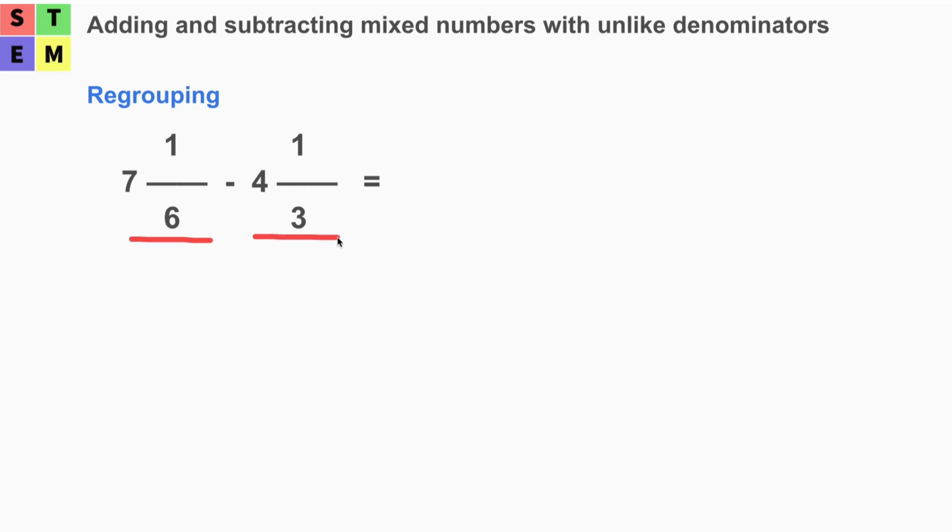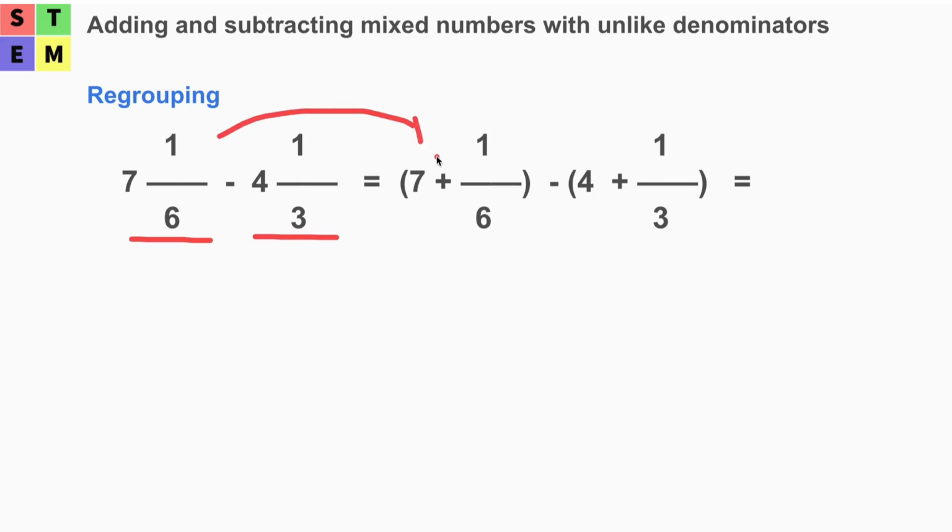All right, so what we need to do here, let's take a look. So first we separate it, right? So this equals 7 plus 1 over 6. And this equals 4 plus 1 over 3, right? So, and let's switch the orders.